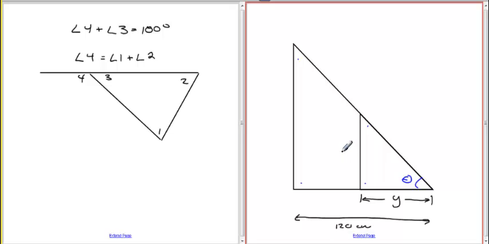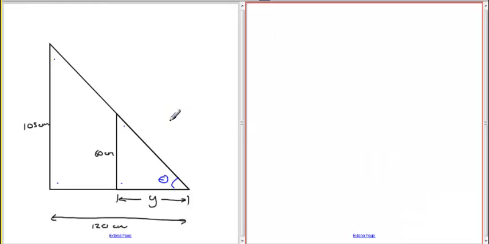Let's say this one is 60 centimeters, and this one is 105 centimeters. How do you figure out what this unknown length side is? Well, you've got two similar triangles: this small triangle, and this big triangle. And these two sides correspond to each other.